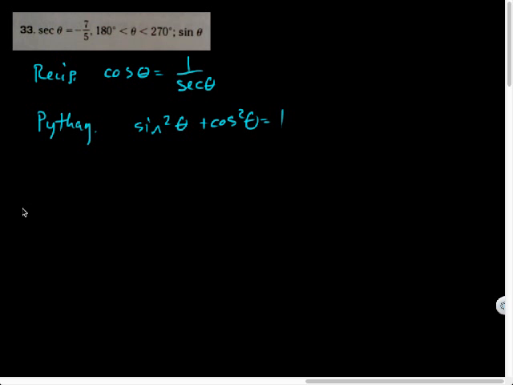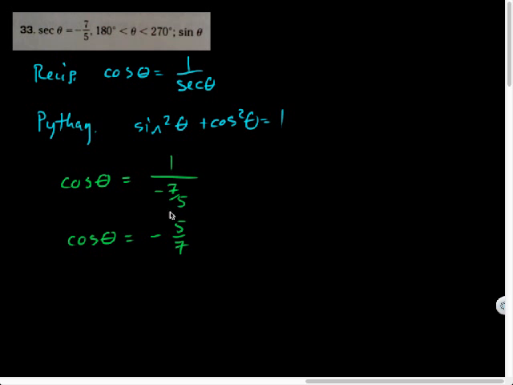So I think this might really be the only way. So let's see. Cosine theta, therefore, is equal to 1 over negative 7/5, or just the reciprocal of that, negative 5/7, right? We'll talk about what quadrant we're in a moment.